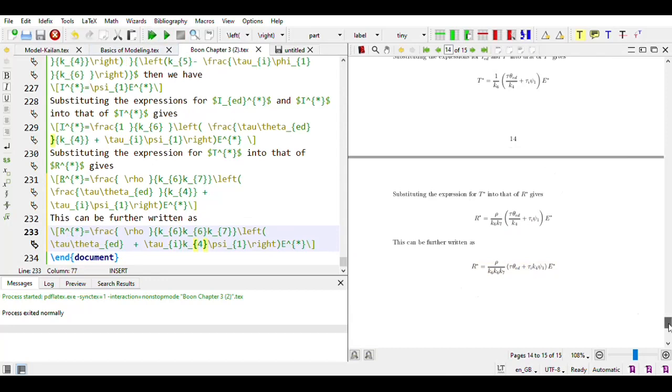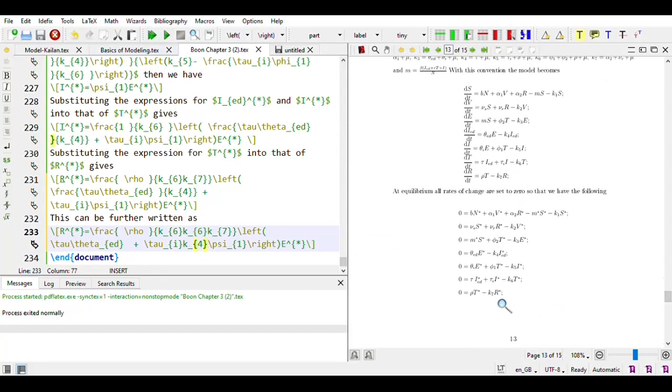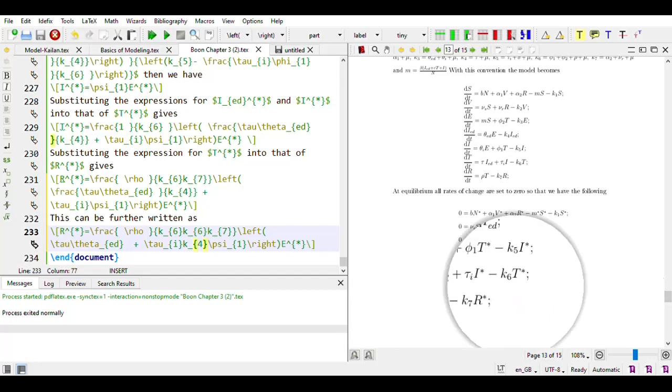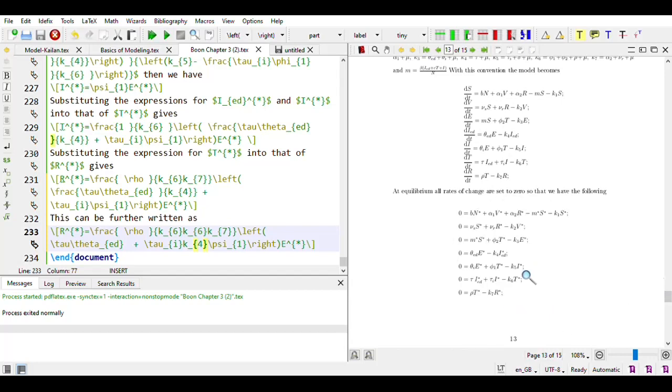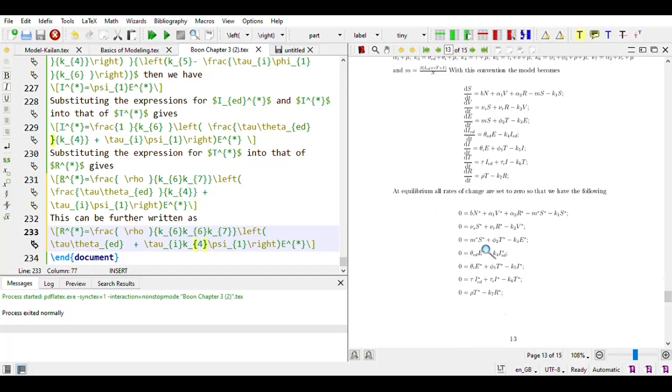So going back to the equations, we see that we have found R in terms of E, we have found T in terms of E, we have found I in terms of E, we have found ID in terms of E. And so what is left here is that we can just find S in terms of E. That is what we can do.